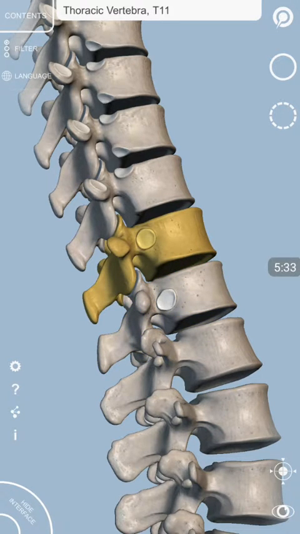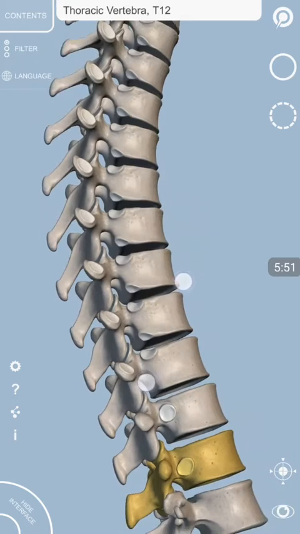In the case of the 11th vertebra, you can see this facet is half on the body and half on the pedicle, whereas in the vertebra below, this facet is now moving backwards and downwards to lie completely on the pedicle.